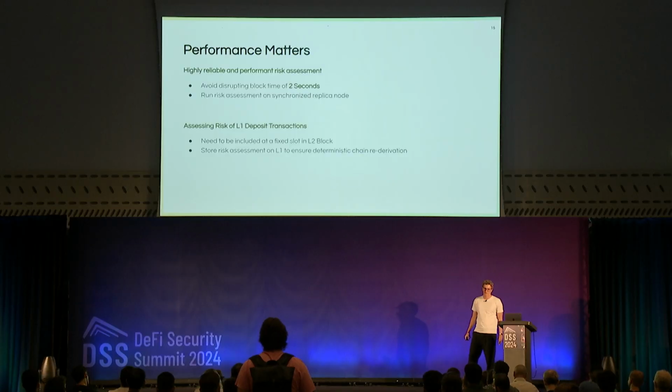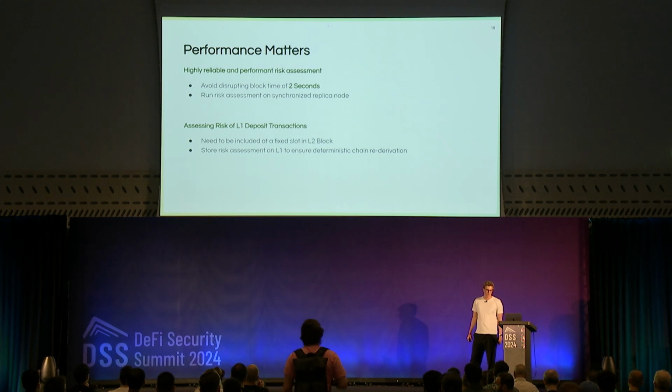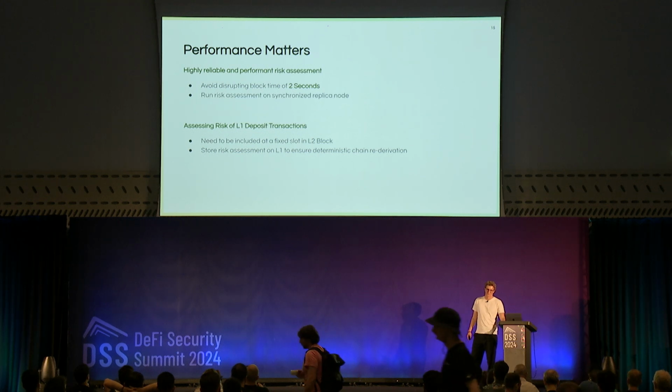Another technical detail is deposit transactions. The OP stack introduces an opportunity to enqueue transactions via layer 1. So we also need to scan those quickly to ensure they're being included, and we also need to record this on the DA.